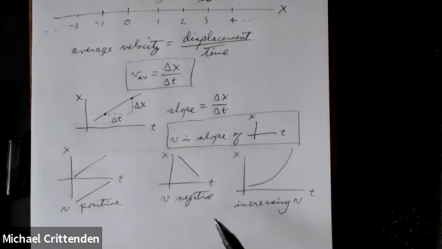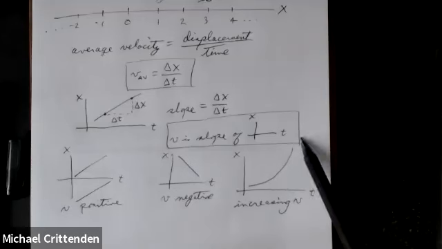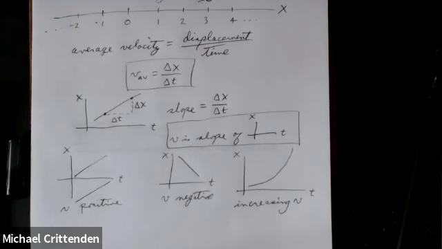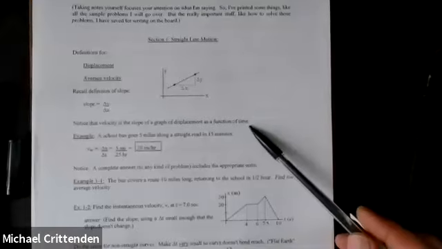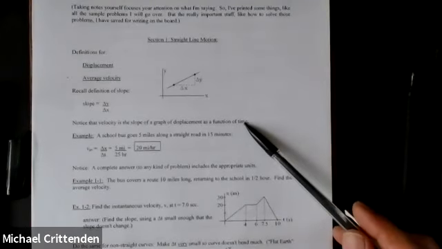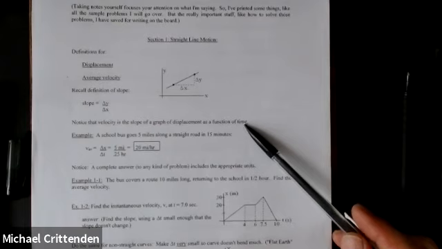In other words, the car is accelerating. The velocity is the slope, and the slope means the steepness. As time goes by, the graph is getting steeper and steeper and steeper, which means a greater and greater slope, which means a greater and greater velocity. It's picking up speed. So notice that velocity is the slope of a displacement graph.